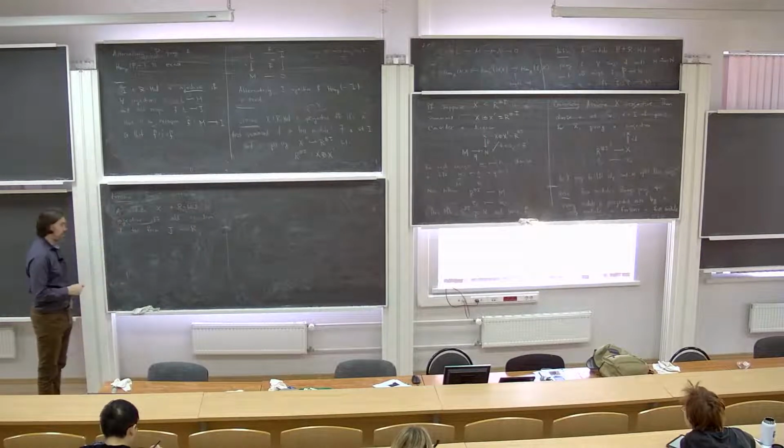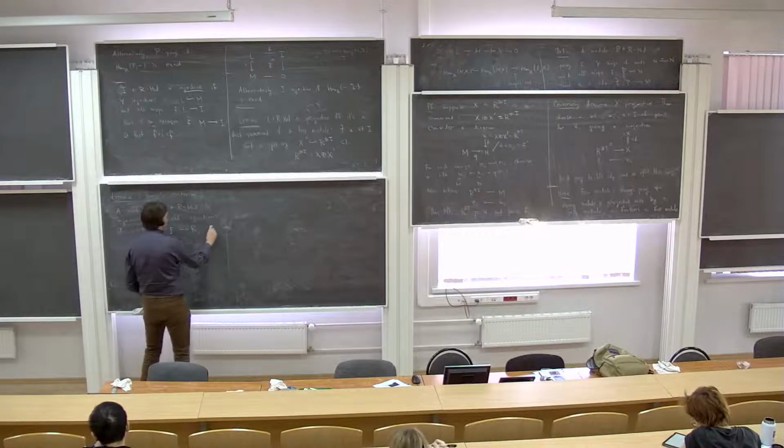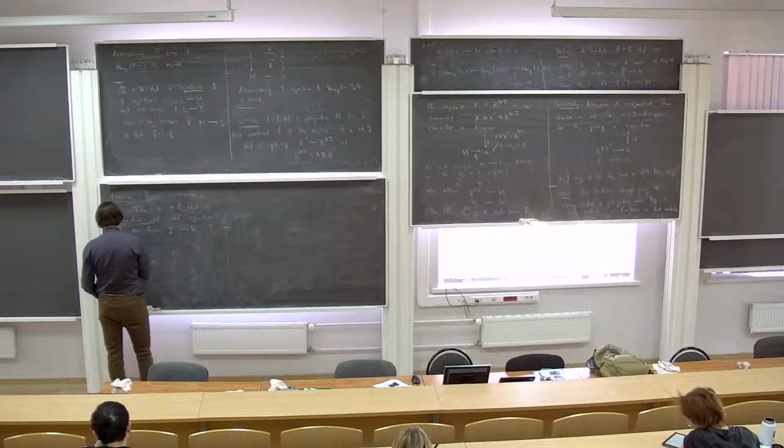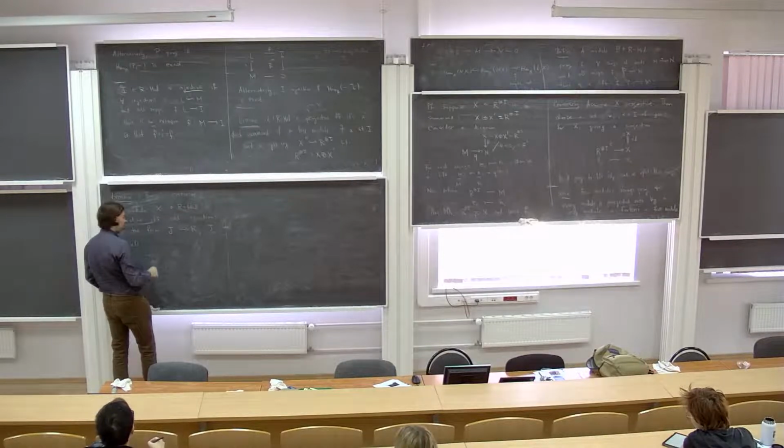Right, so what is a submodule of R? It's an ideal, say a left ideal, because I'm working with left modules. I could also do everything for right modules, nothing changes.